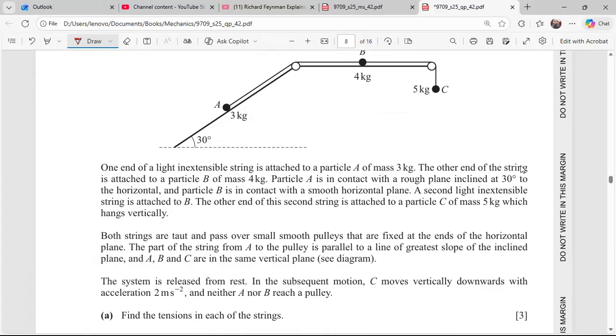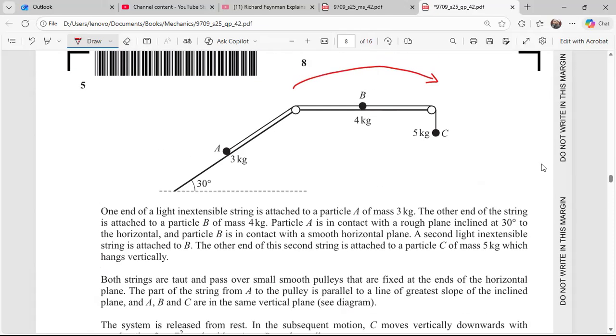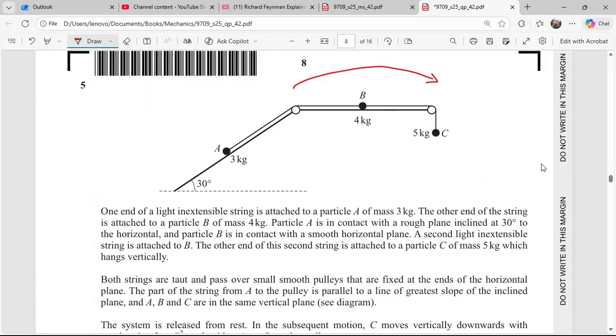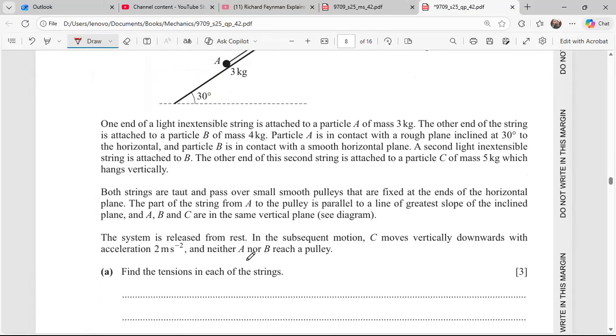In the subsequent motion, C moves vertically downward with an acceleration of 2 meter per second square. So if this has an acceleration of 2 meter per second square, then the whole assembly has the same acceleration, right? The first task is to find the tension in each of the strings.